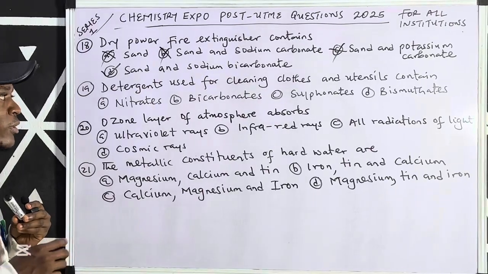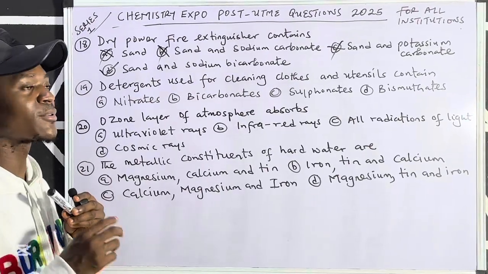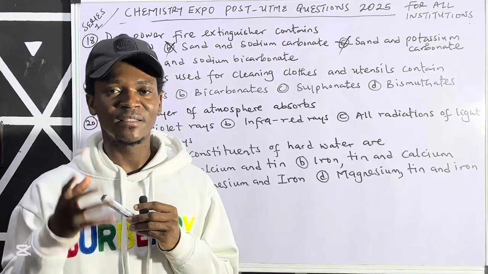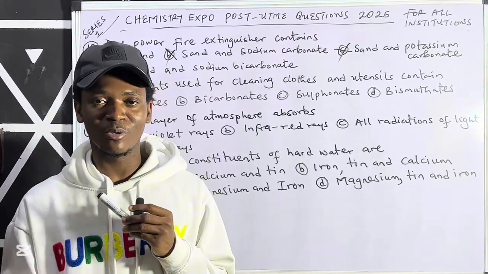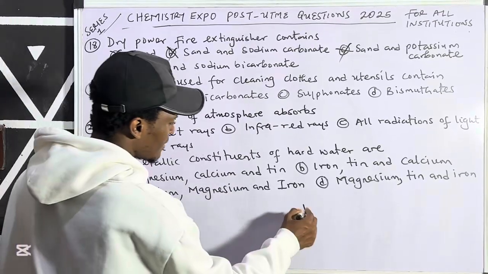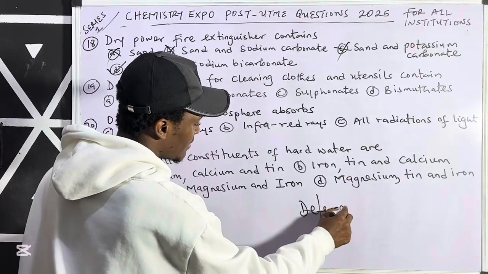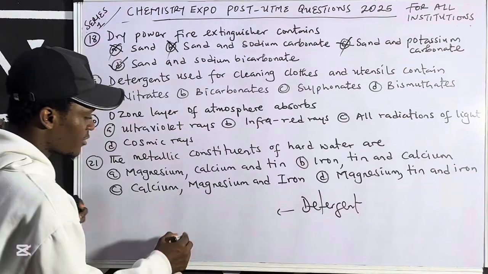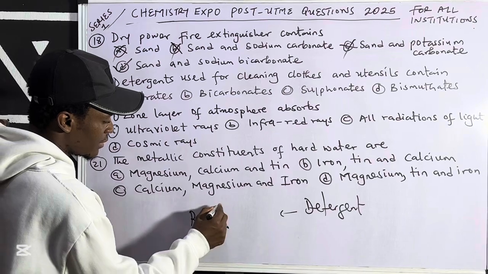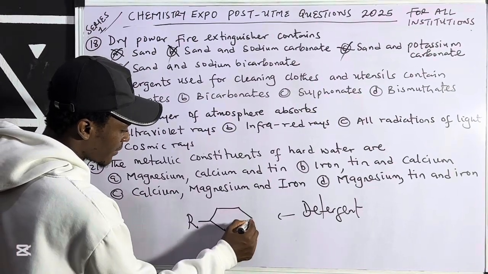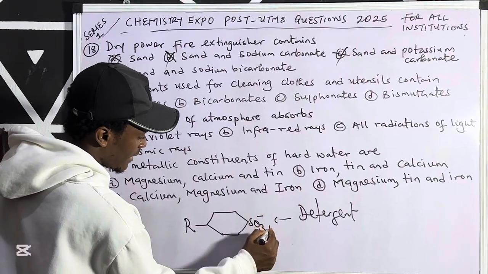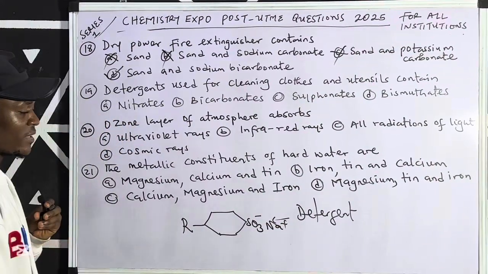Detergents used for cleaning clothes and utensils contain dash. This question comes from how well you understand the formula, the structure of detergent. What's the structure of detergent? Detergent has this representation: an arrow, which is an alkyl group, linked to a benzene ring, linked to a sulfonate group, and then a sodium ion is present too.